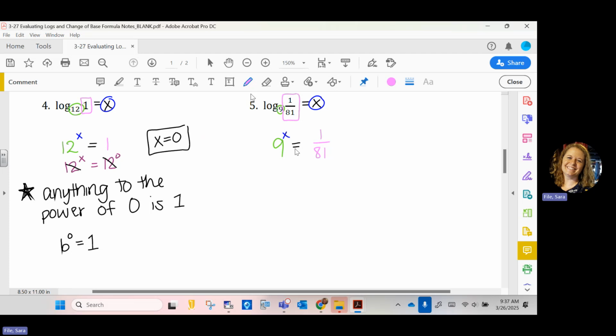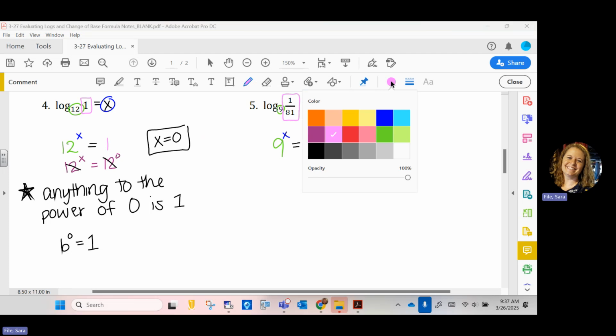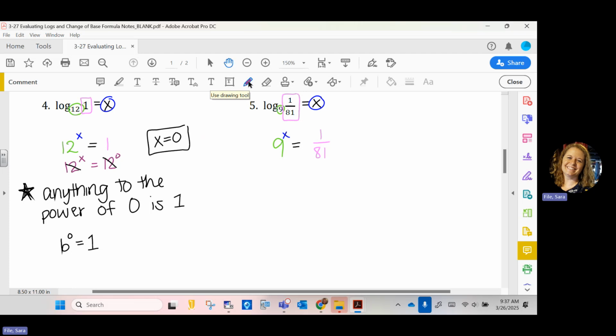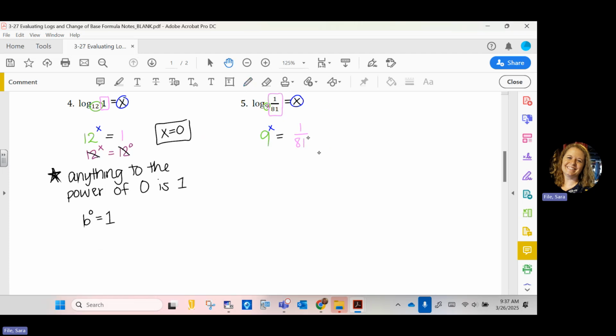A negative exponent, or negative exponent rule, is what allows us to move terms within the fraction. So I can move this 81 up to the numerator by making it a negative exponent. Right now, 81 is just to the 1 power. There's no exponent on it. So if I want to move it up to 81 instead of 1 over 81, I've got to put a negative 1 power on it.